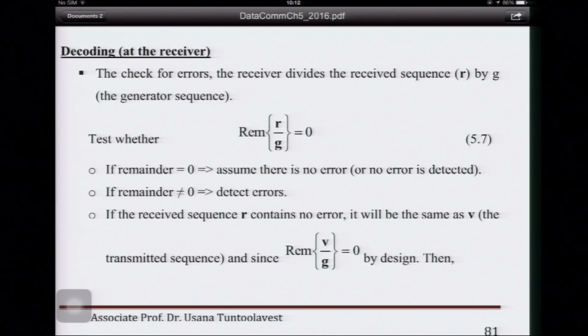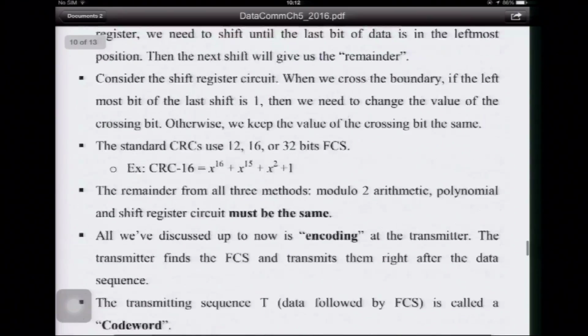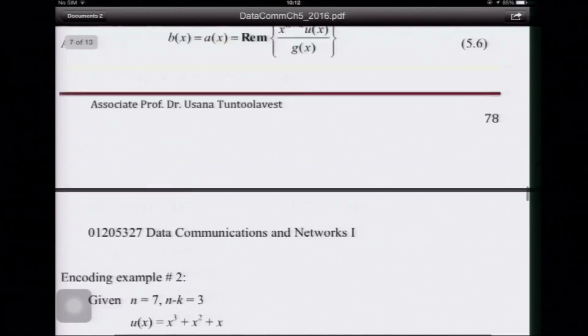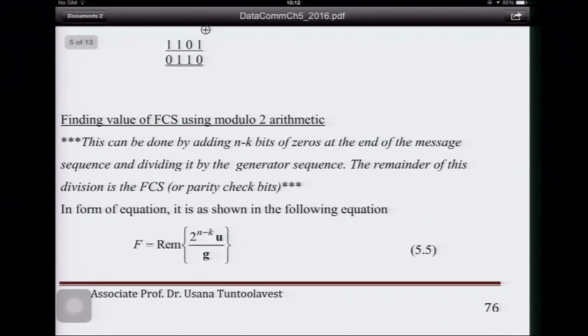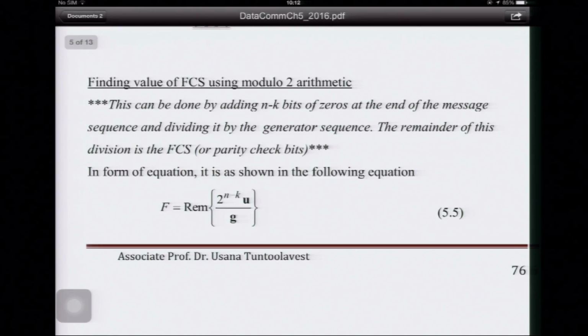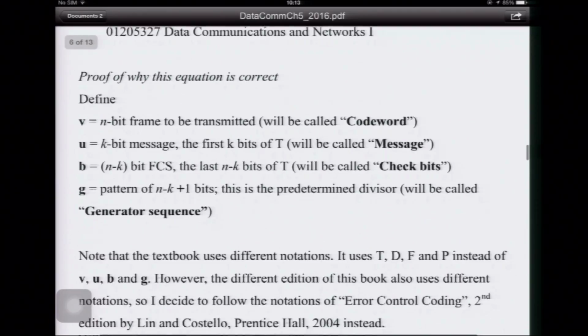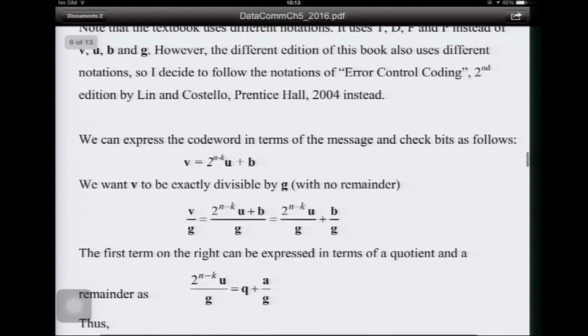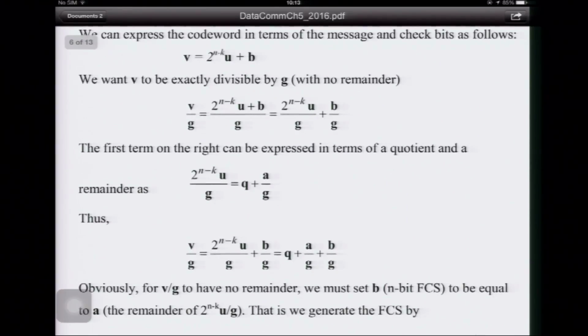Now, why do we do this in order to check the error? Because at the encoding, if you remember, we add the frame check sequence so that the code word that was transmitted is always divisible by G. If you remember at the encoding, we find the frame check sequence and then we send the code word.